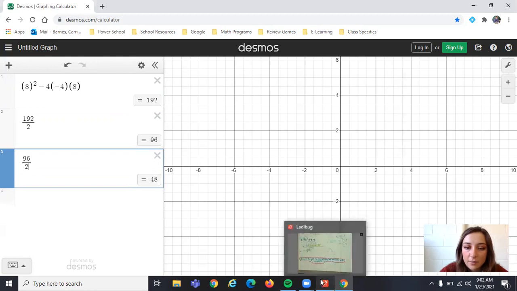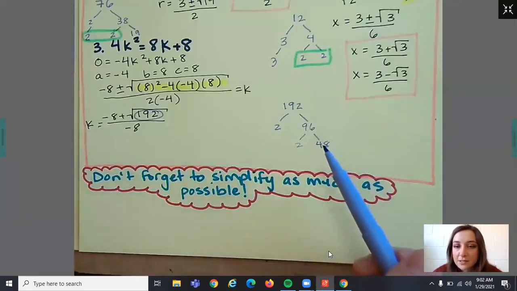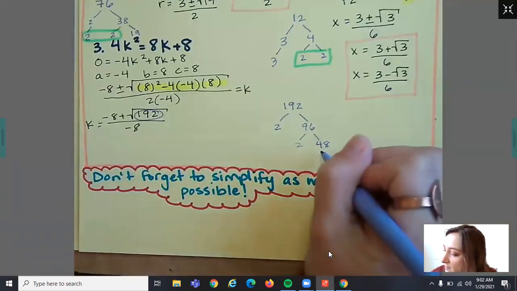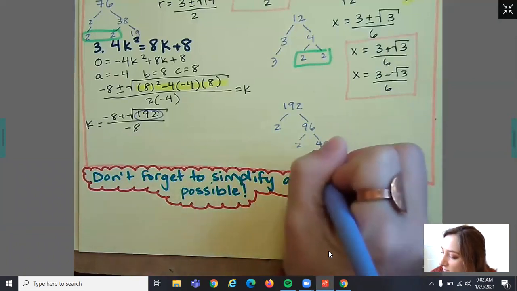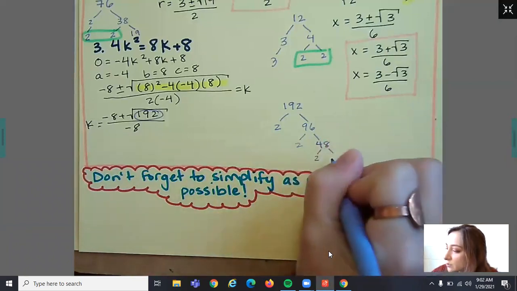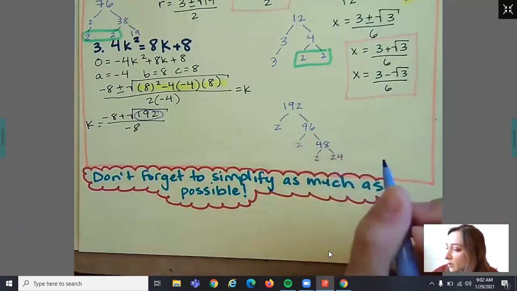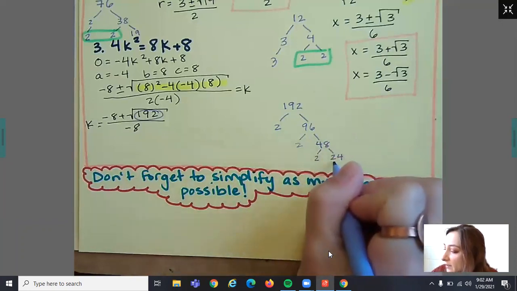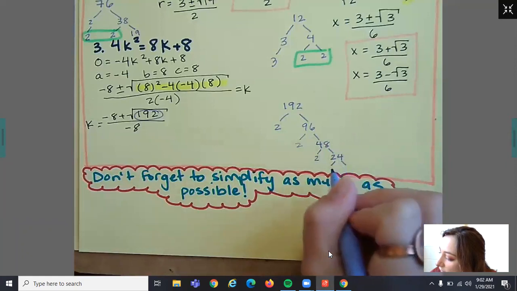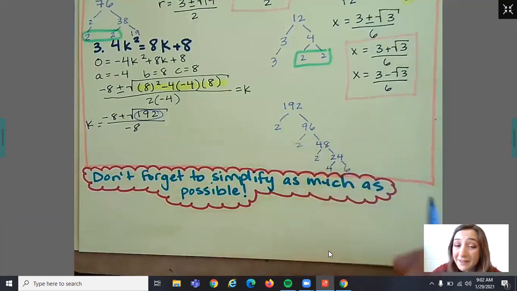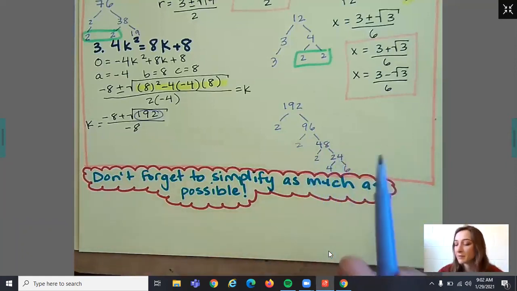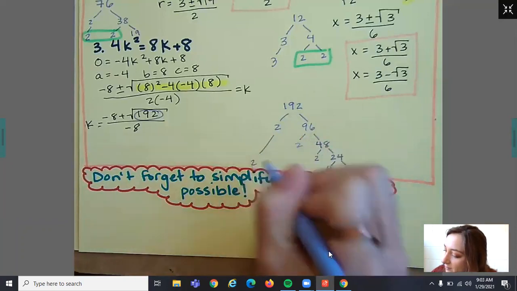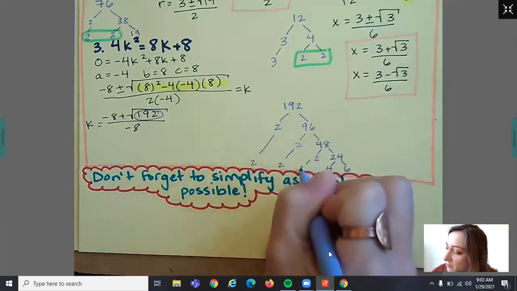All right, coming back. 48 is also divisible by 2, so we can divide that by 2, getting 2 and 24, and then 24 is divisible by 4 and 6. I realize that I'm running out of room in my factor tree, so I'm going to come over to the right. This is very unfortunate; I should have left some more room.